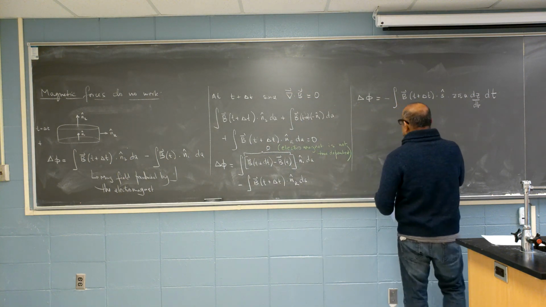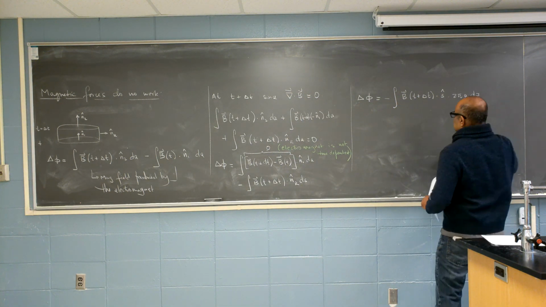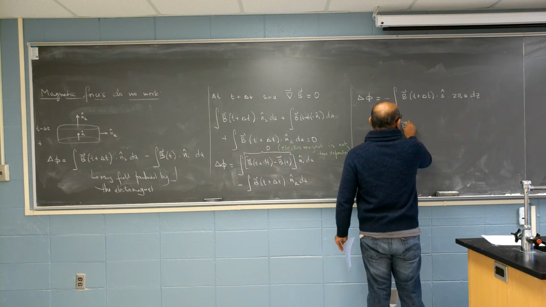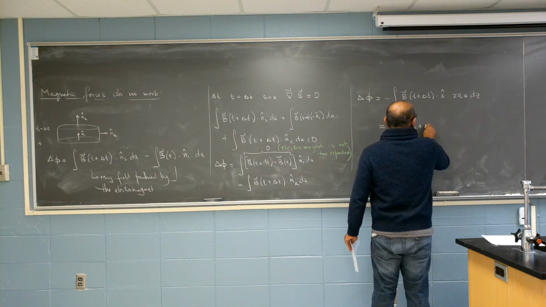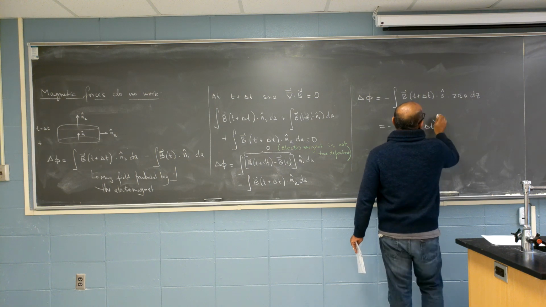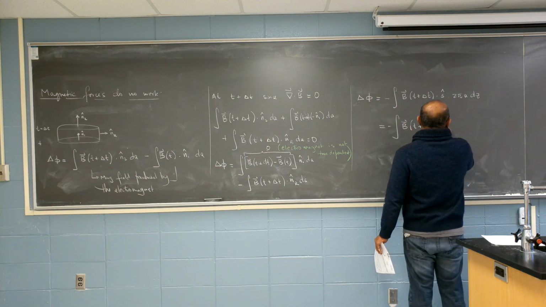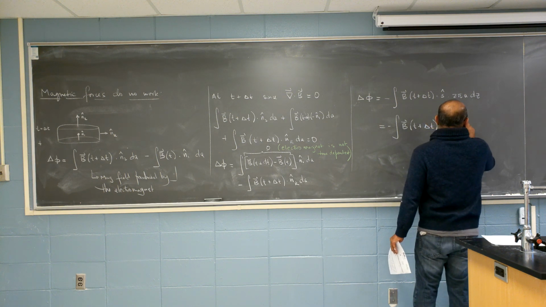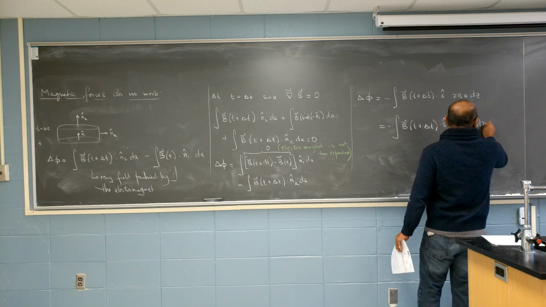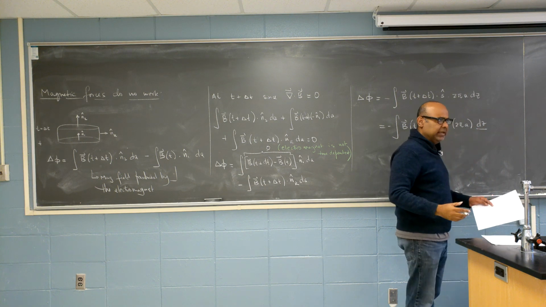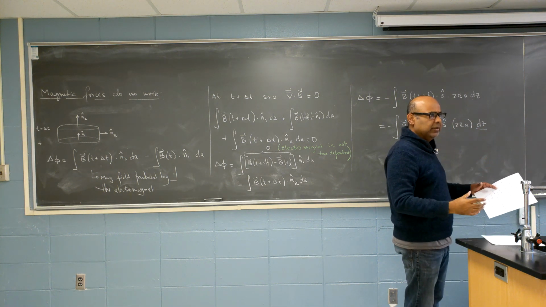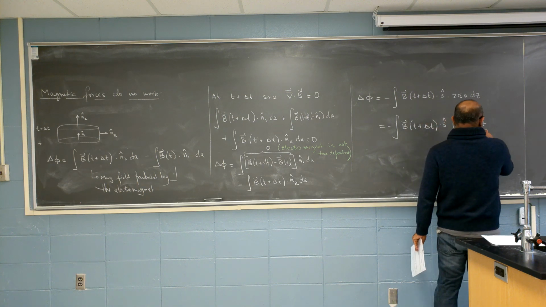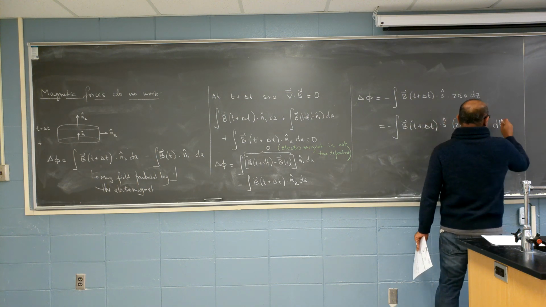It shouldn't bother you. Let me write it as, I can afford to do this one more time, dot s hat 2 pi a dz. I can, because z is a function of time. The height of the ring is a function of time.